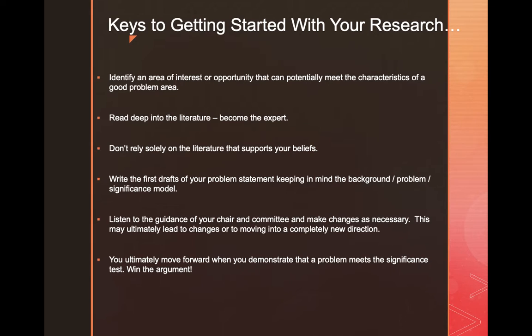Okay, so the keys to getting started with your research. You need to identify an area of interest or opportunity that can potentially meet the characteristics of a good problem area. Read deep into your literature, become the expert in that area, and don't rely solely on the literature that supports your beliefs.